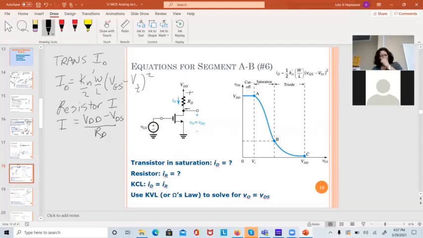Remember, voltage is always a difference, and I'm going to whack my 380 kids on the head for that. A lot of them missed a lot of points because of that. VDD minus VDS. So these two are in series. The current through the resistor is exactly going to equal the current through the transistor. So we know that these two currents have to equal each other. I'm not going to try to rewrite that because it's on the next slide.